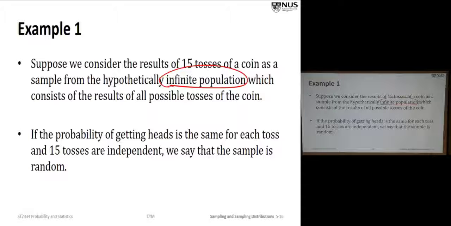So what we are saying here is that what you see as a random sample can be considered a random sample if the distribution or the behavior of each of these random variables x1, x2, up to x15 are the same. In this case, because we have two outcomes, we can model it by a Bernoulli distribution.